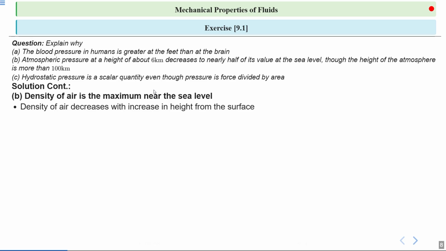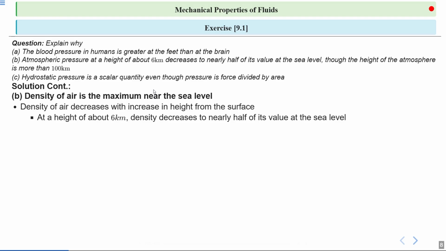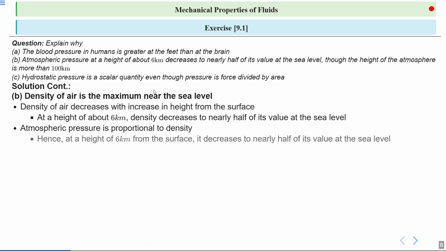At a height of about 6 km, density decreases to nearly half of its value at the sea level. Atmospheric pressure is proportional to density.